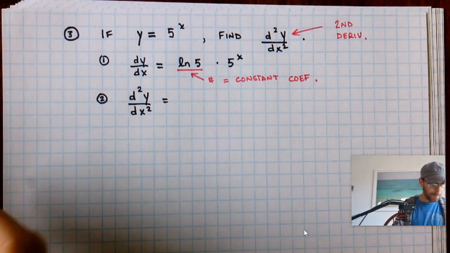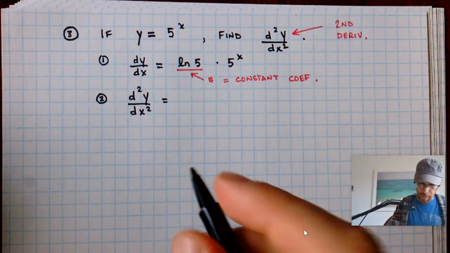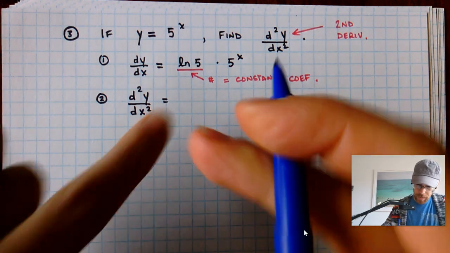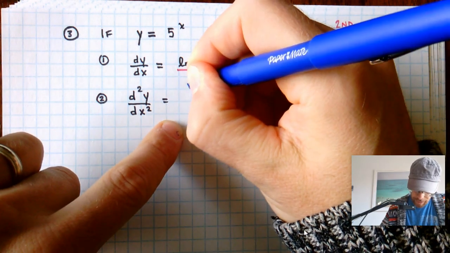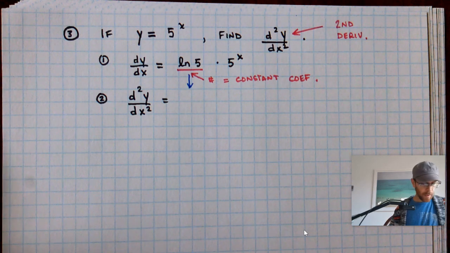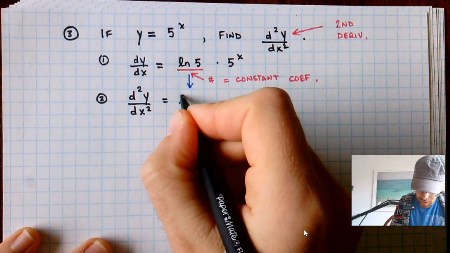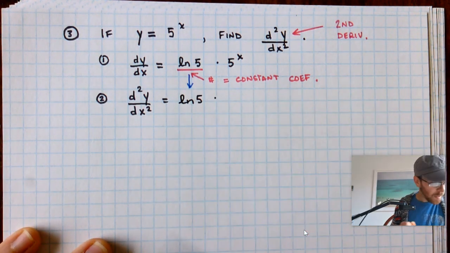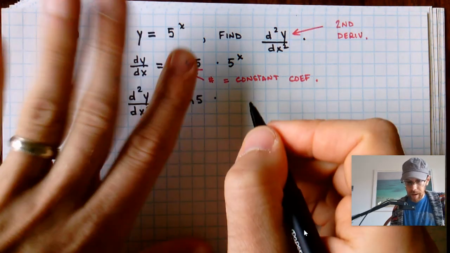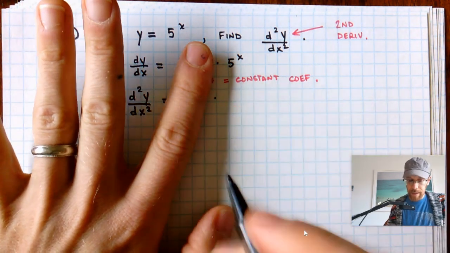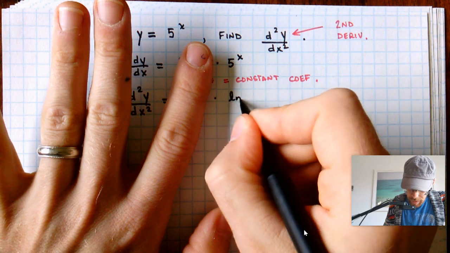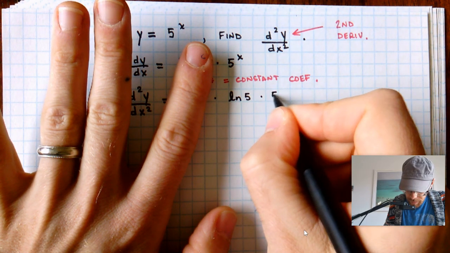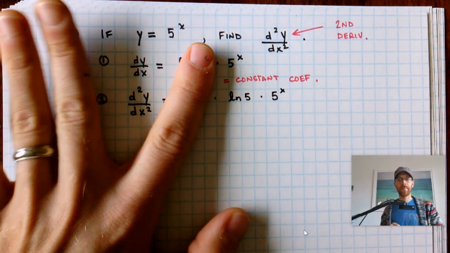So here, as we go to the next step, we're just going to take this natural log of 5 and let it hang out. Bring it on down. So that'll give us a natural log 5. And then next door to it here, I'm now going to take the derivative of 5 to the x, which is natural log of 5 times 5 to the x.